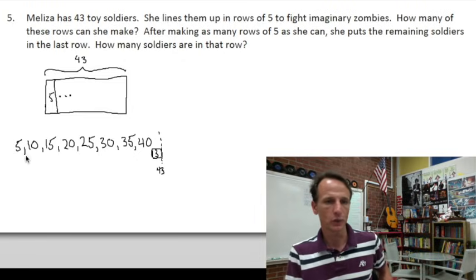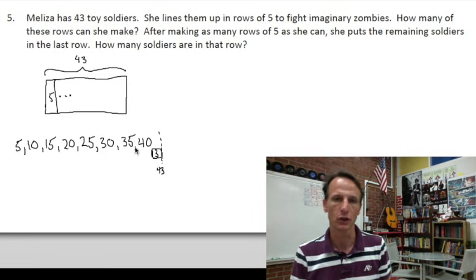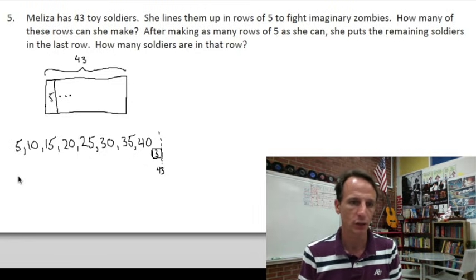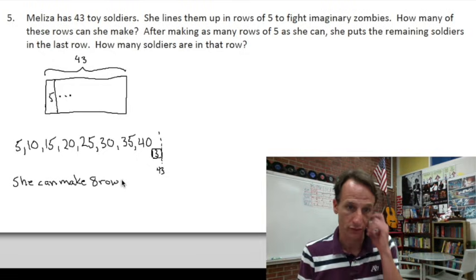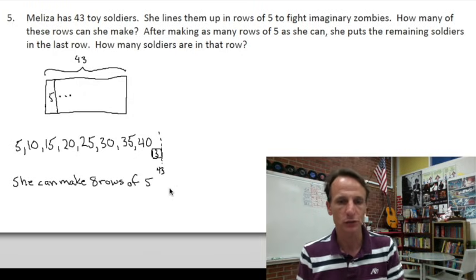So there are 1, 2, 3, 4, 5, 6, 7, 8 rows. So how many of these rows can she make? She can make 8 rows. Eight rows, and let's be specific, of 5 soldiers, because we see 8 times 5 is 40, right?